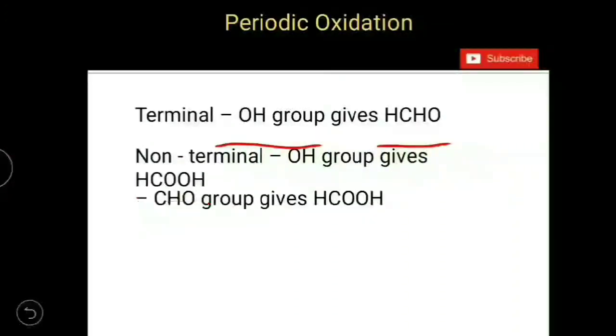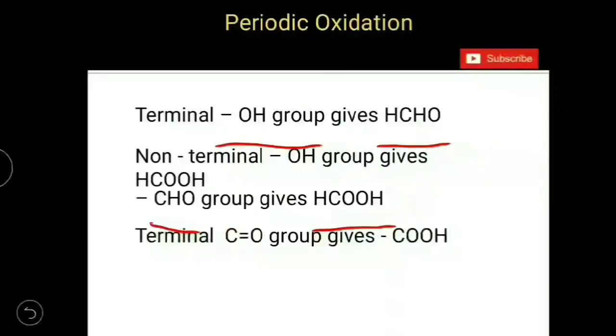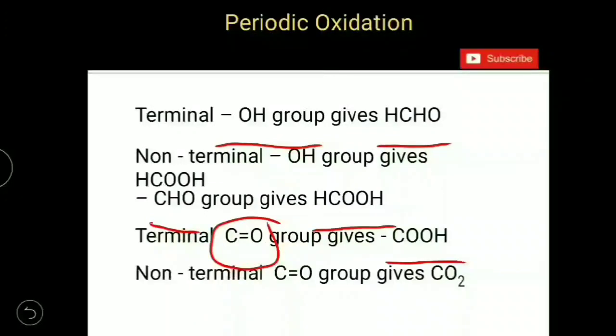And if you have an aldehyde group in the given compound, it gives you formic acid. And if a terminal C double bond O group is present, it will give you COOH. If a non-terminal C double bond O group, meaning a keto group, is present, it will give you carbon dioxide.